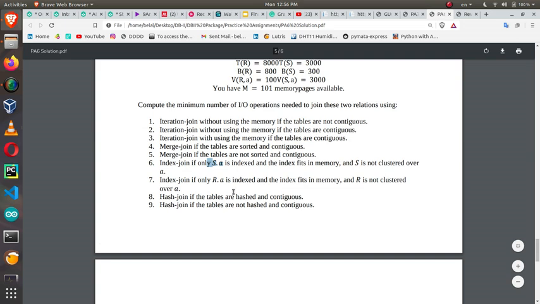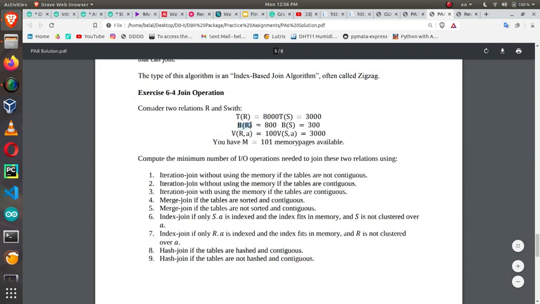So we need to load R in memory, and this index already exists in memory. The number of blocks of relation R is 800.